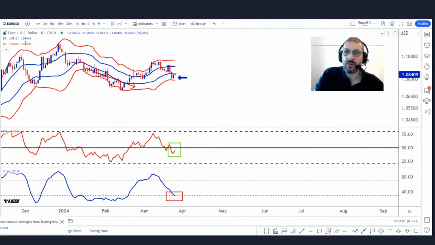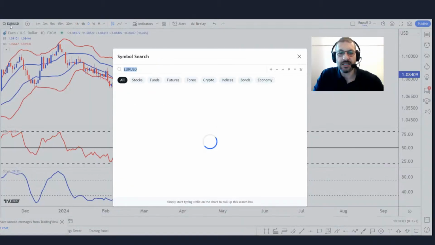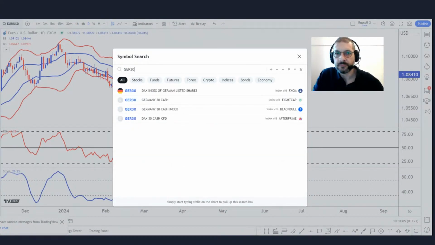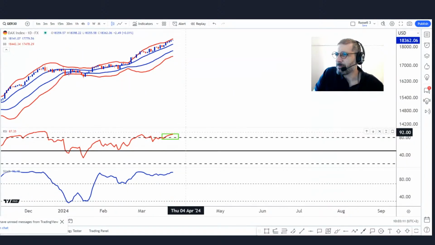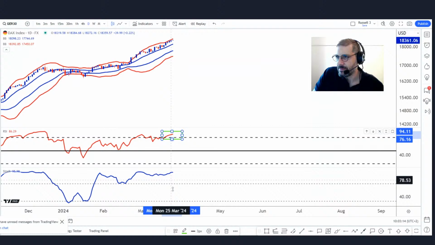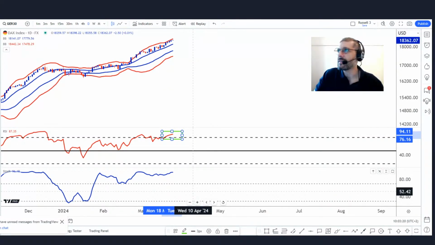Let's see what's happening on DAX just to start the day. DAX is overbought as well, but we've got very strong momentum there. To short into momentum, I just don't think that is a way to approach the market.